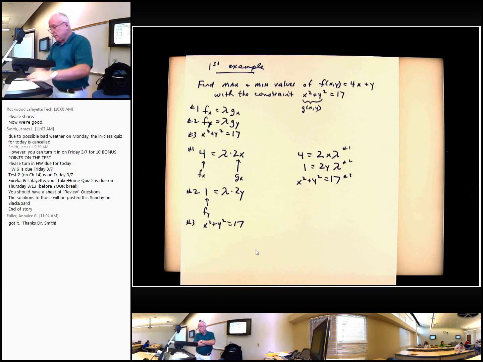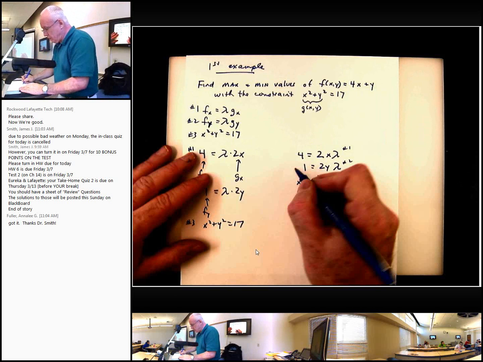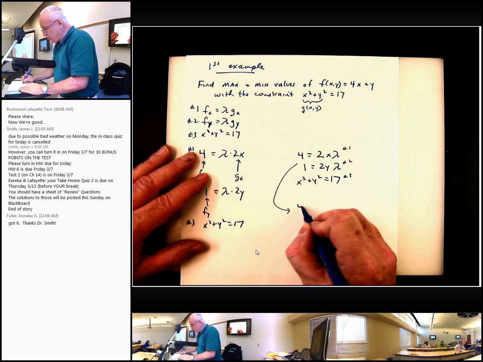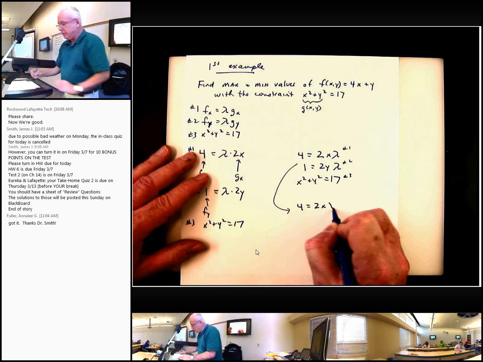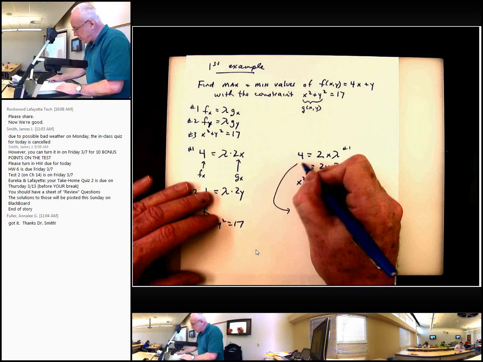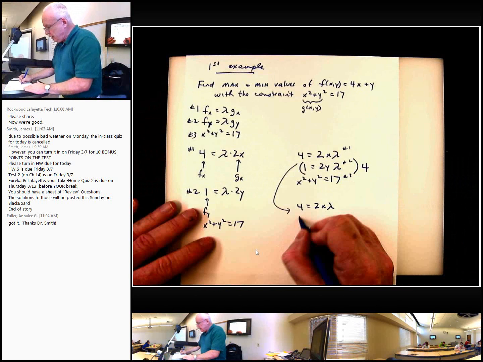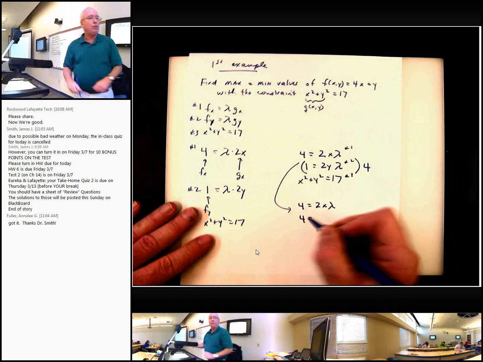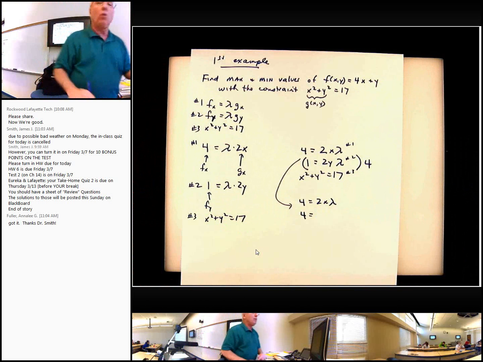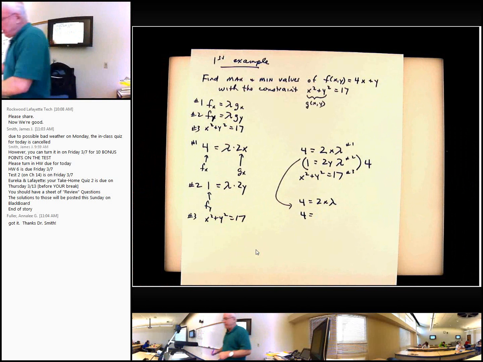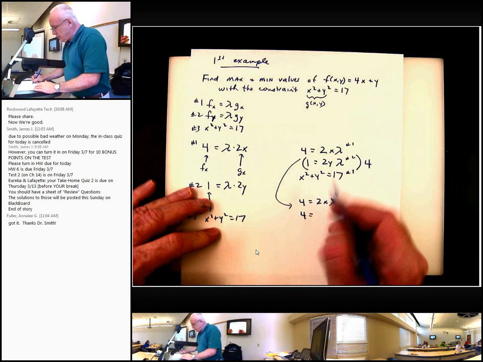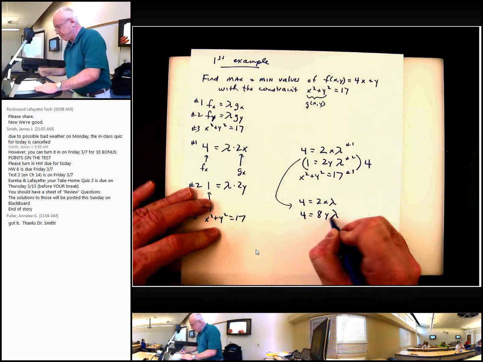well, we're going to get an interesting result here. So our first thing, of course, is 4 is equal to 2x lambda. But let's multiply both sides of this one by 4. The reason for doing 4 is so we have a 4 on that left side. So now 4 times 2, 8y lambda.